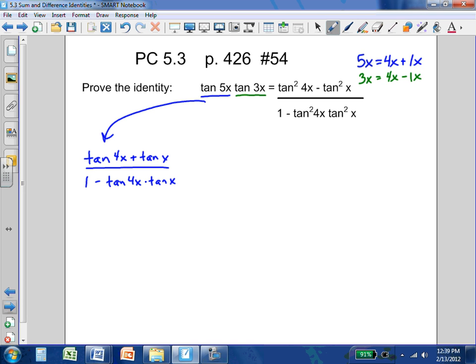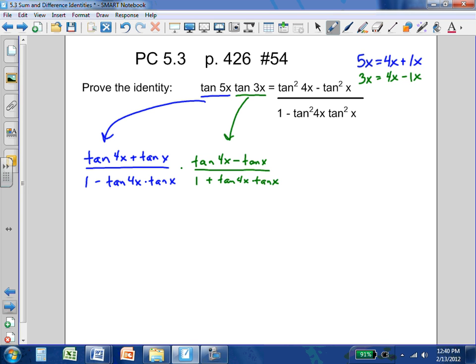And you will probably be needing to look back at those and use them. These will be given to you on a formula sheet. The tangent of 3x, same pattern, but we're doing a difference this time, so the signs will be a little different. So we have the tangent of 4x minus the tangent of x over 1 plus the tangent of 4x times the tangent of x. You may want to pause there just to make sure you've got all of that.